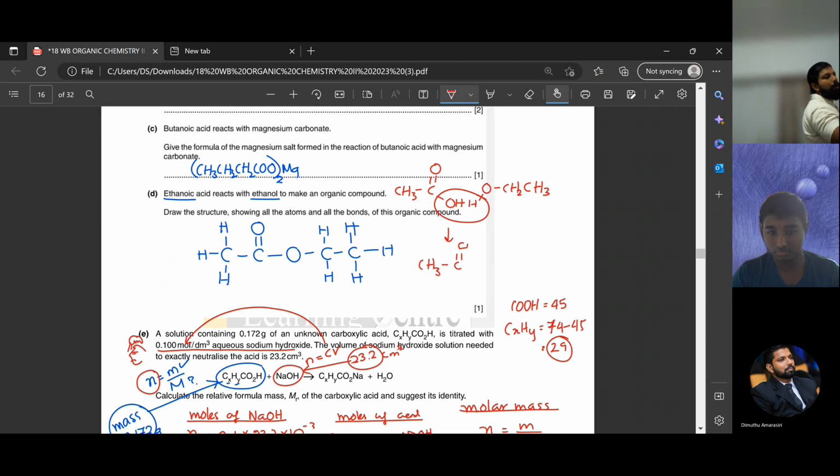So two molecules combine to give a bigger molecule while eliminating a small molecule. This is how the ester was formed. Right? Okay.